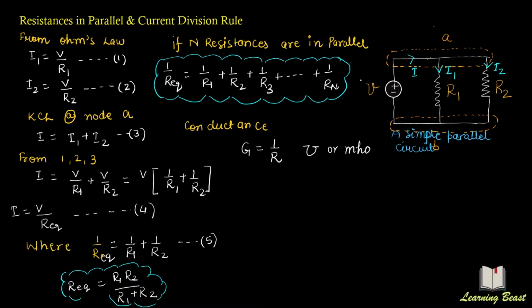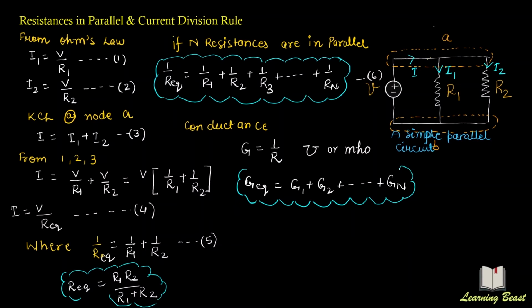So if we convert this generalized equation, which is suppose equation 6, then equation 6 can be rewritten as G equivalent is equal to G1 plus G2 till the conductance of the nth element. So the conductance of a parallel circuit will be equal to the sum of the conductances of each resistance or each element.